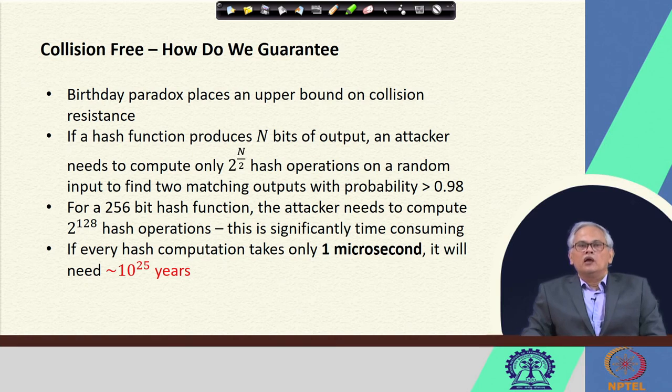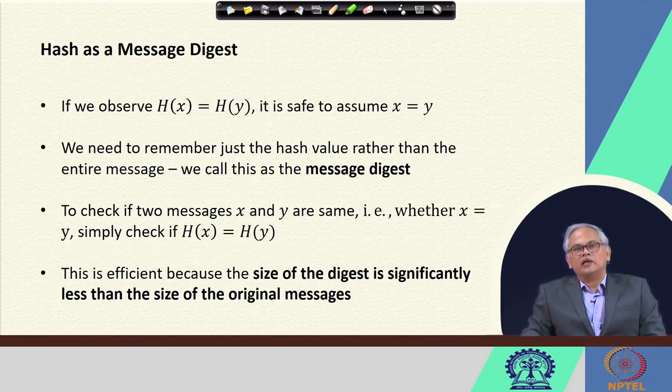So, we can conclude that if we choose a hash function so that the digests are of sufficiently large length, say 256 bits, then it is practically impossible to come up with two different messages that result in the same value for the digest.